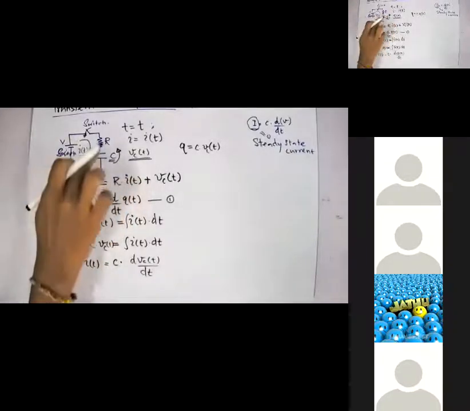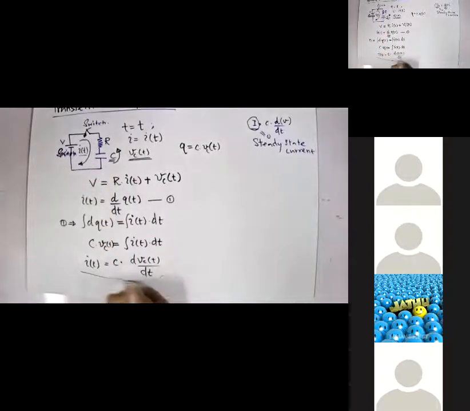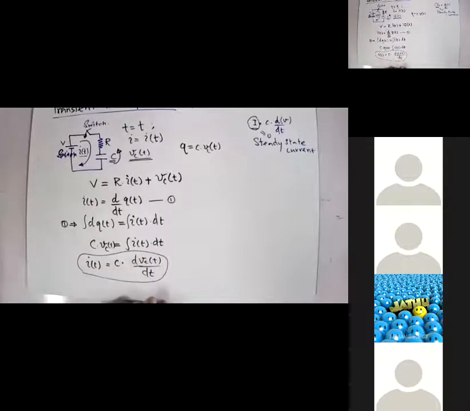So the transient current through the capacitor will be written as I of t equals C into dVc of t divided by dt. Clear?